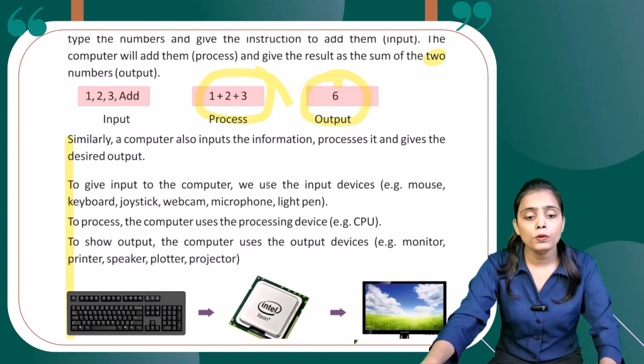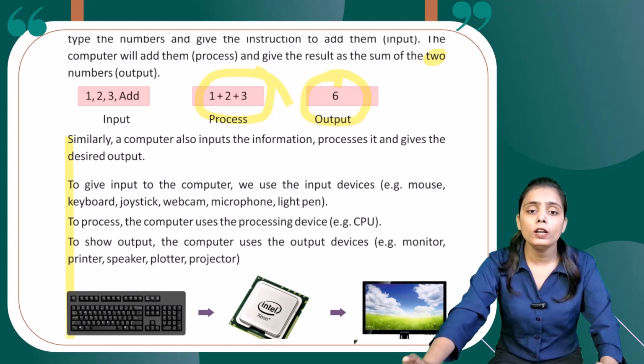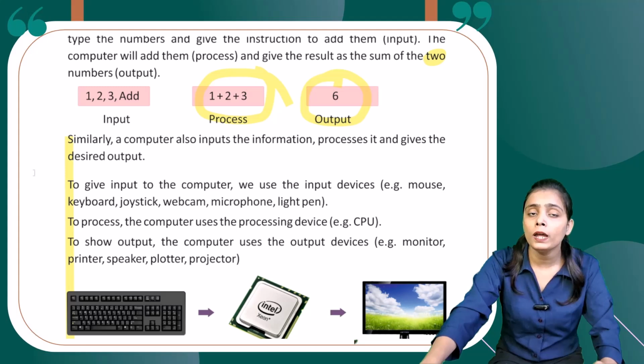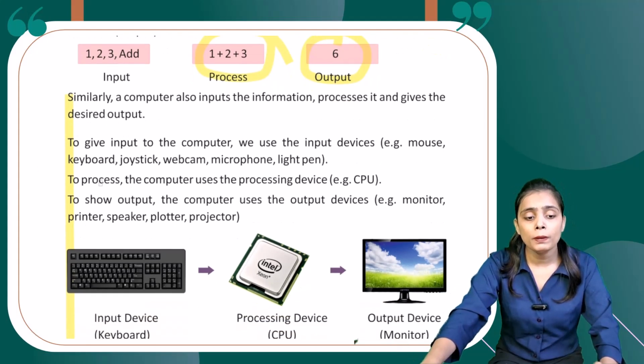To give input to the computer, we use the input devices. For example, we have already learned about the input devices: mouse, keyboard, joystick, webcam, microphone and light pen. These all are examples of input devices. If we want to give input, we have to use an input device. And to process, the computer uses the central processing unit, that is called CPU.